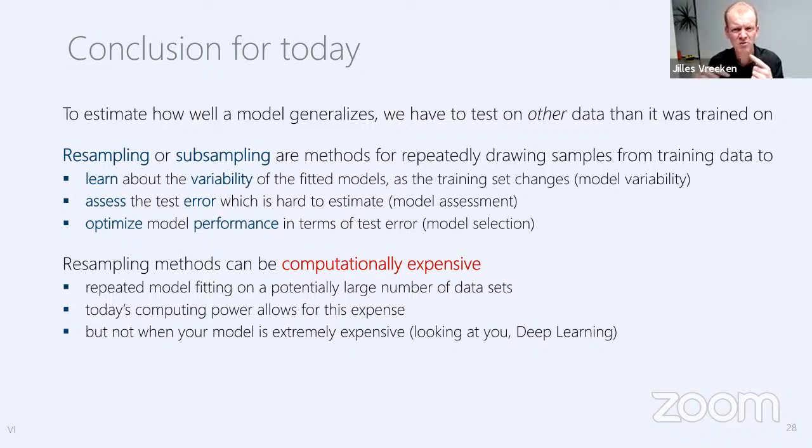So it's like 100 training runs to get one number. For reasonably complicated models, computing power allows for this, with clusters, AWS, even on your phone. Your phone is more powerful than whatever they had available when the book was written.